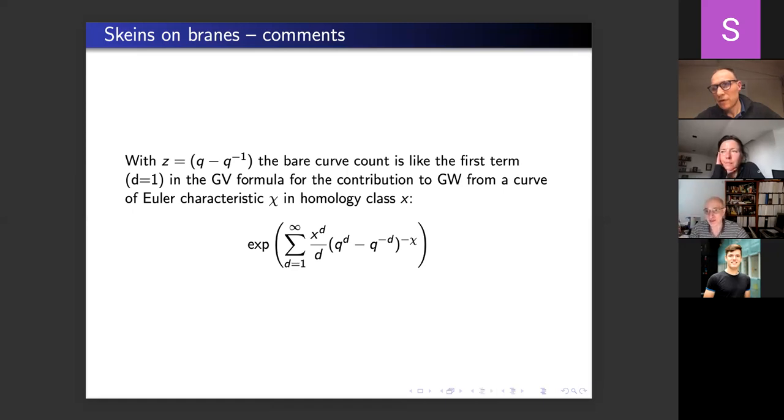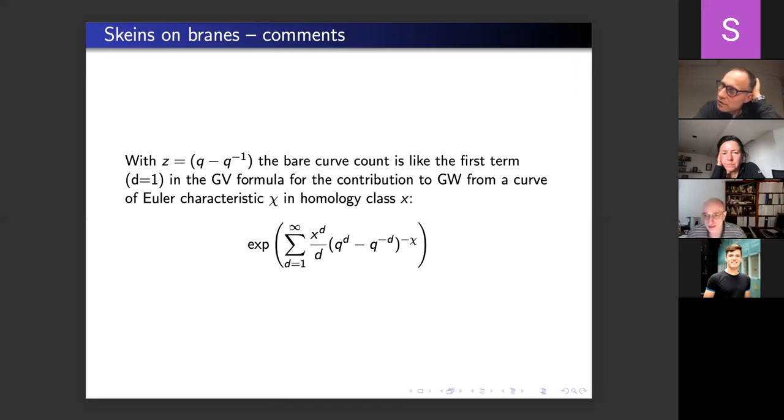I can comment more on that. In this situation, I think you will have a lot of control over how individual disks intersect each other by looking at how the strands of the braid go around.